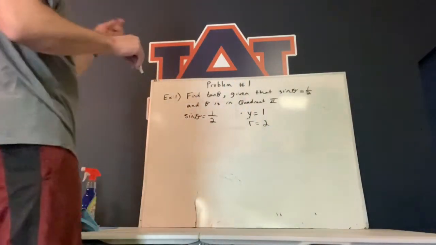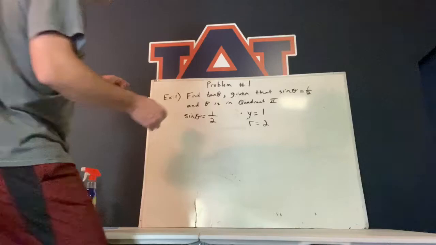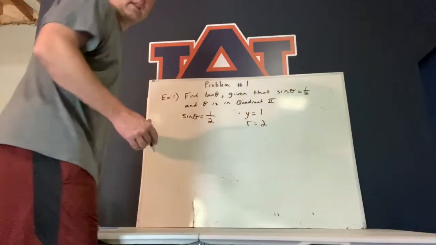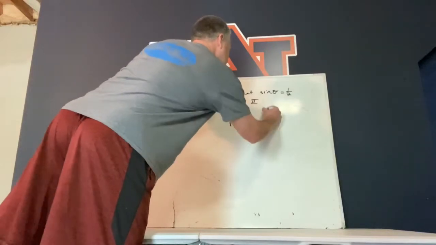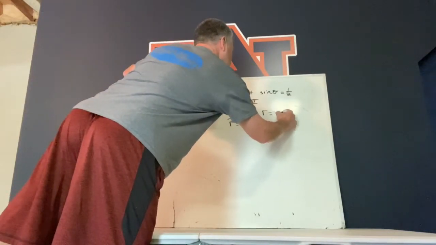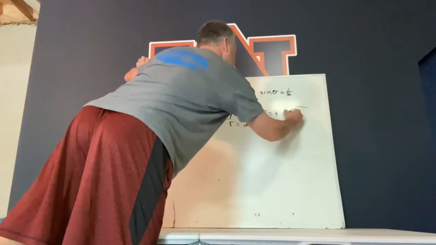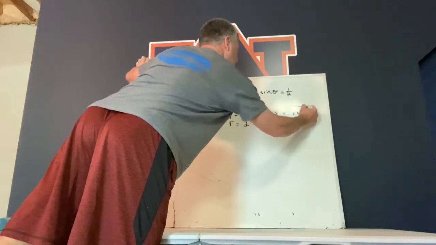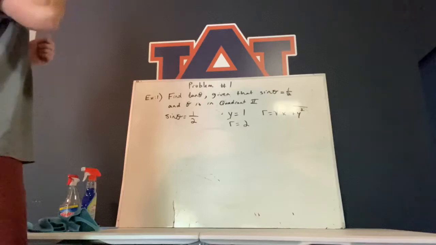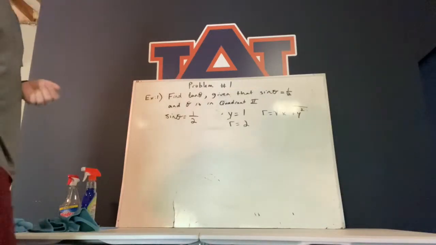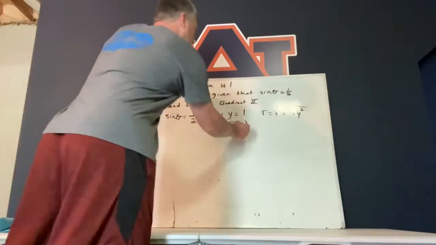So the first thing I'm going to do is find x, okay? Now, to find x, r is equal to the square root of x squared plus y squared. We know r, we know y, so we can find x. So r is equal to 2.